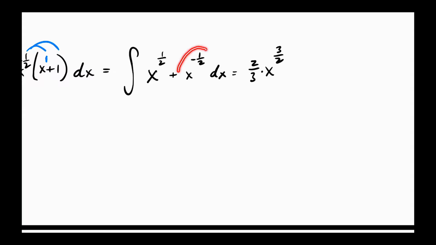The next term right here, same thing, but a negative now, a negative 1/2. We'll add 1 whole. So when I add 1 whole, I get positive 1/2. Again, instead of dividing by 1/2, let's multiply by the reciprocal. What's the reciprocal of 1/2? 2, 2 whole.